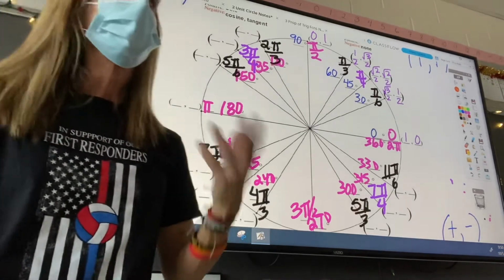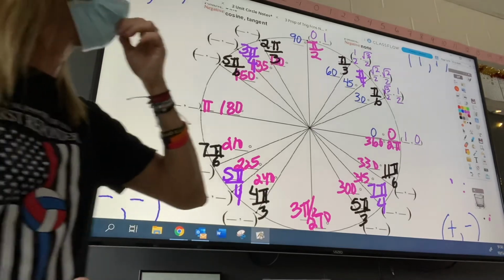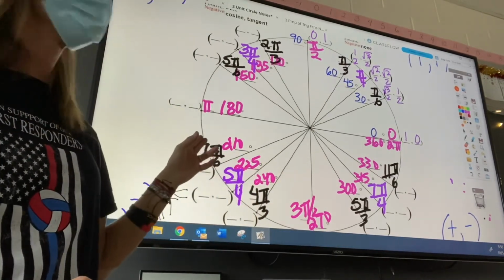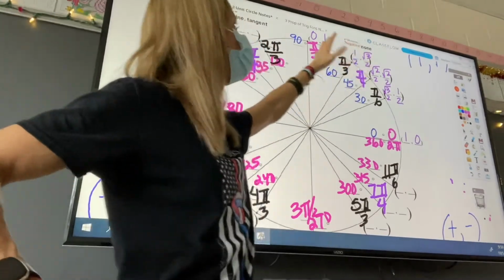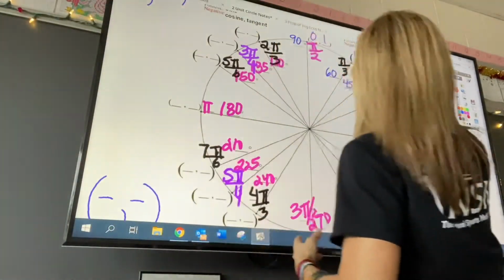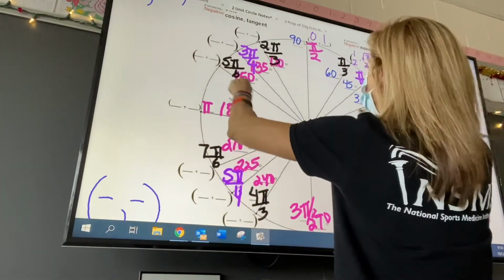When you get more comfortable with this, you're just going to start knowing them. But really, you have to know how to count those. Now these values, we are just going to reflect. For example, pi over 6, this is the same special right triangle, right here.